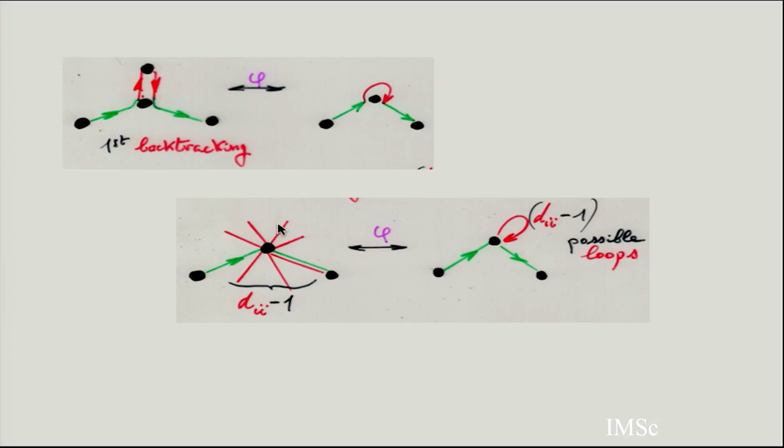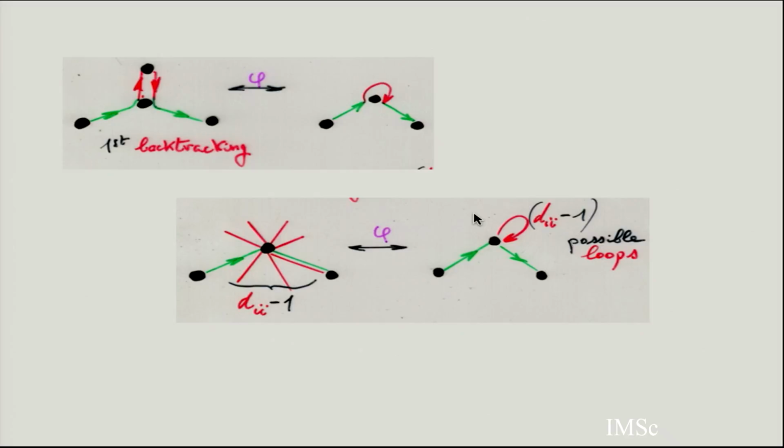The number of ways of doing the backtracking around this vertex is precisely d_i, the degree, minus 1. Because if I was doing this using these edges as backtracking, then it would be no more a backtracking here, it would be a backtracking here. So there are as many backtrackings on this vertex.